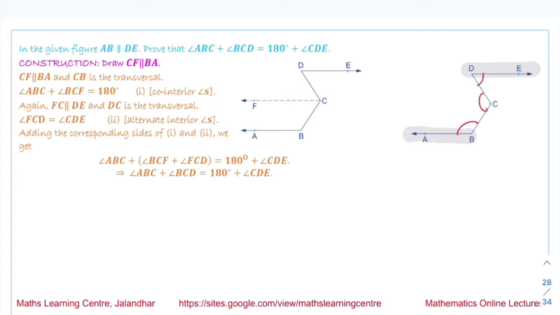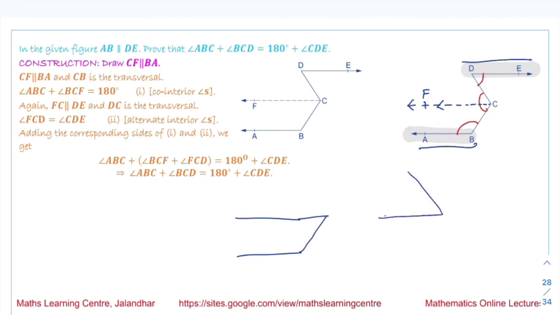To solve this, we do a construction, and we have drawn a line over here. This is F. We have drawn this line so that it is parallel to AB and parallel to the line DE. Now we have two cases over here. In the first case, we have this line FC and this is AB, and this is the transversal line.